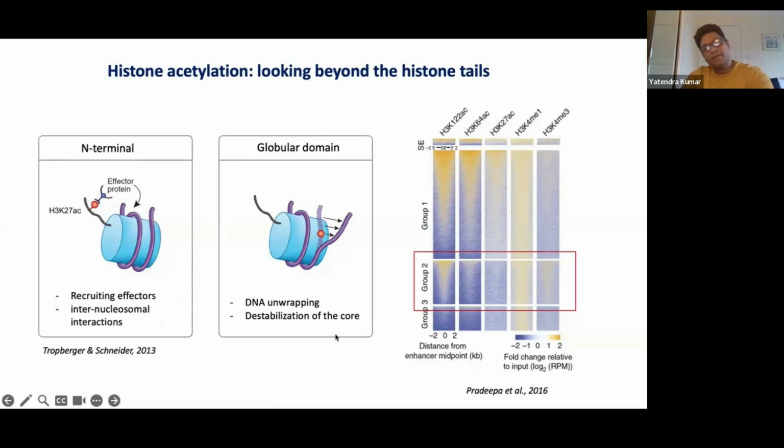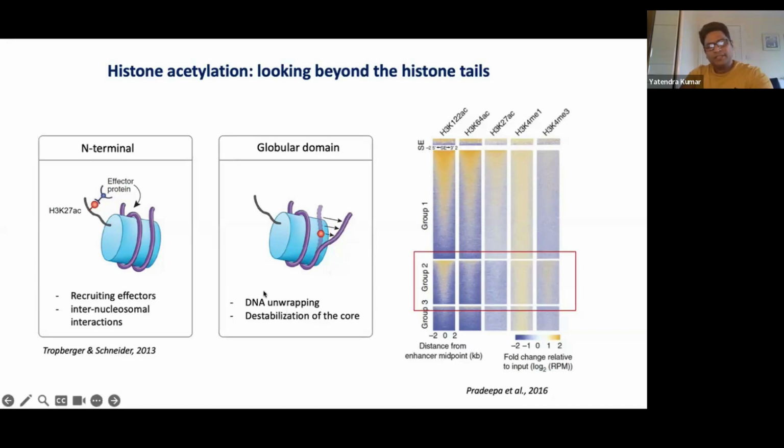Apart from this, we have the globular domain in the histone, and there are lysines in the globular domains. They are important in the sense that they can affect the modification. For example, acetylation can affect the DNA histone interactions and thus help regulate the wrapping and unwrapping of the DNA from the nucleosome particle.